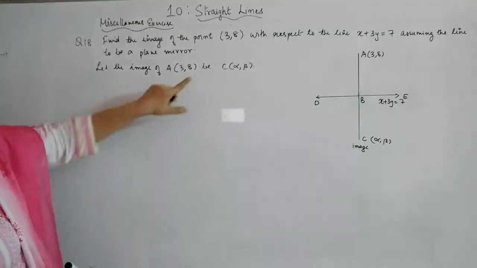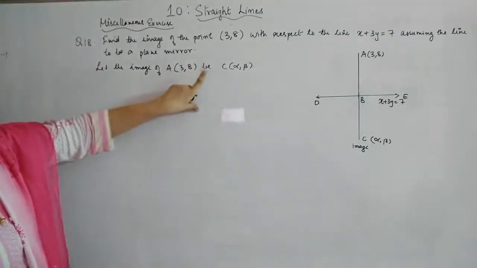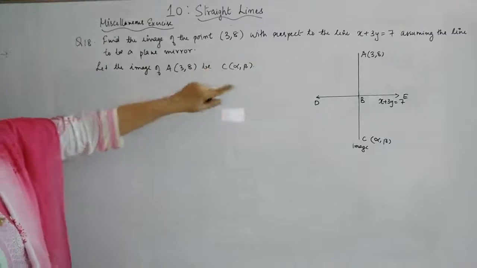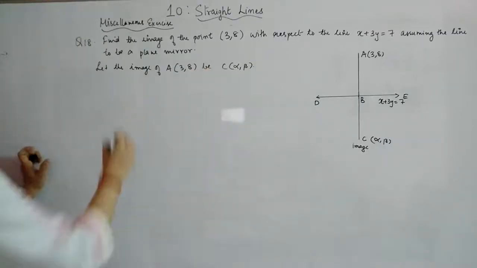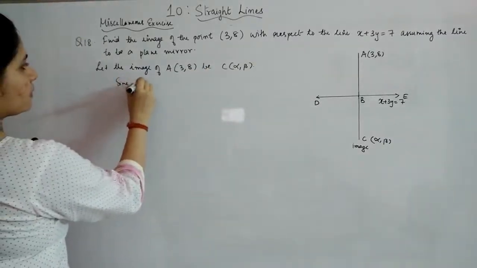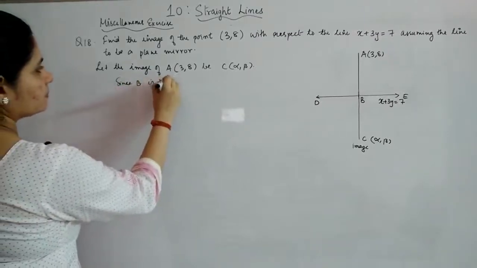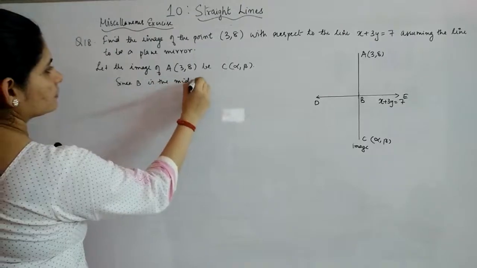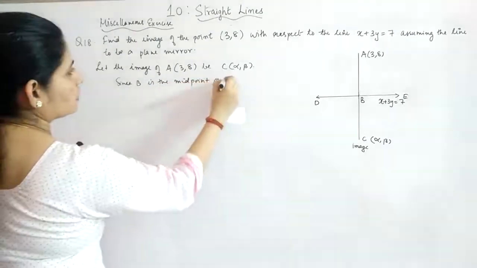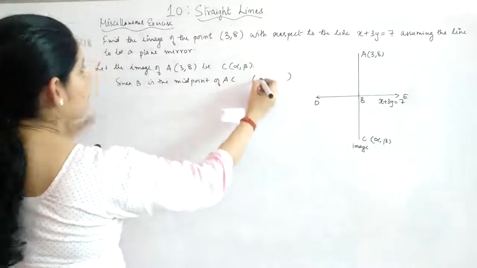Now again, since it is acting as the image, you can say that the point B will be the midpoint of AC, and that reason is since it is acting as a mirror.